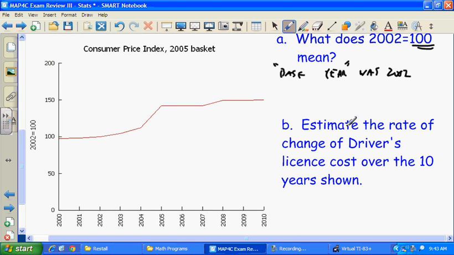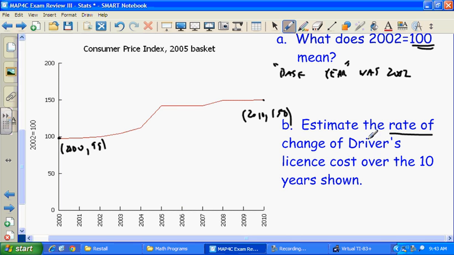Estimate the rate of change. This is slope, isn't it? So over the 10 years shown, we take those 2 points. It looks like it's almost 100, but we'll say it's not. That point looks like it's the year 2000, and maybe 95, we'll say. And this is the point 2010, and I don't know, 150? That's pretty close to 150.